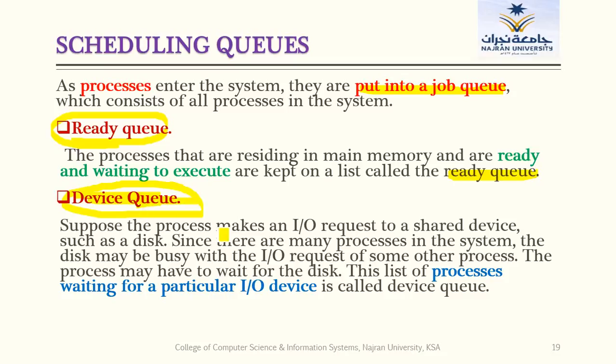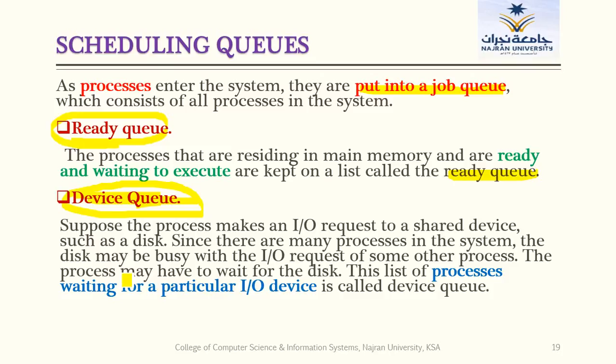So this queue will be in the waiting state. Suppose the process makes an IO request to a shared device such as a disk. Since there are many processes in the system, the disk may be busy with the IO request of some other process. Maybe some other process is using that IO device, so the process may have to wait for the disk.